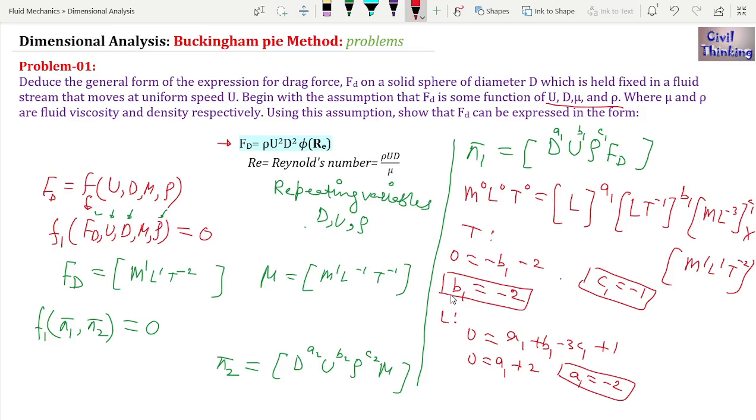Now we get the powers of all these terms, a1, b1 and c1. Let me write the values here. a1 is minus 2, b1 is minus 2 and c1 is minus 1, right? So I will erase everything here.